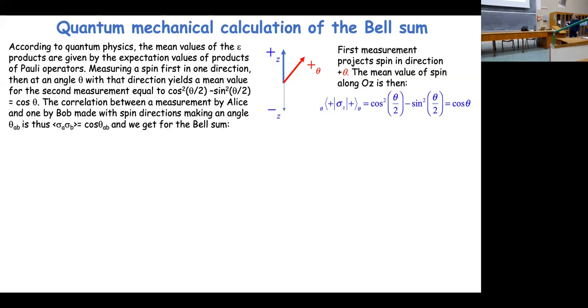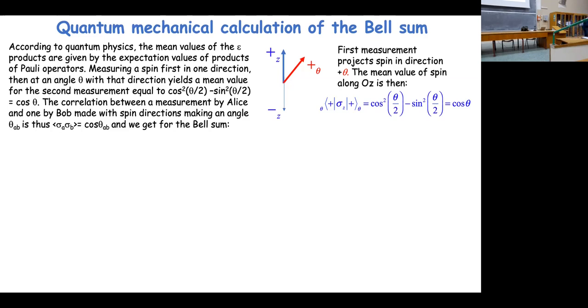The spin plus along the direction theta is equal to cosine theta over 2 plus, plus sine theta over 2 minus. And so if you remeasure then along the z direction, you find cosine square theta over 2 minus sine square theta over 2.